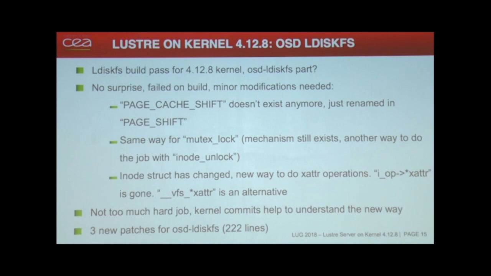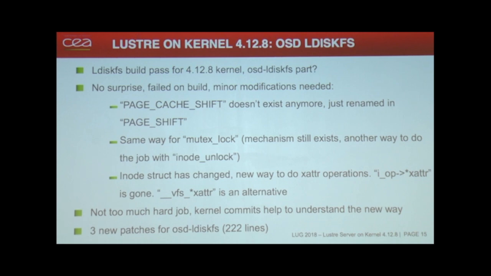There is a rename in the kernel, with the page cache shift that doesn't exist. Same way for mutex locks, that's another problem, but that's a modification of a structure. And it's the same for the xattr methods. So the work is not very hard, because the kernel commits are pretty clear.